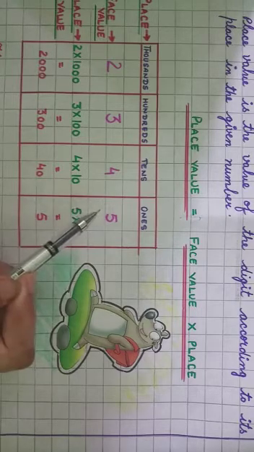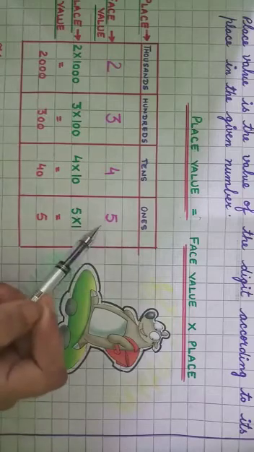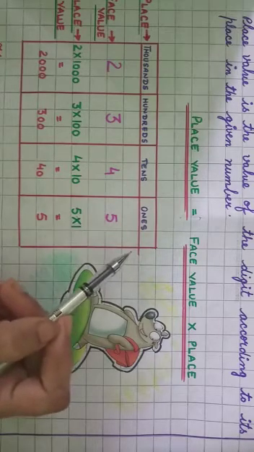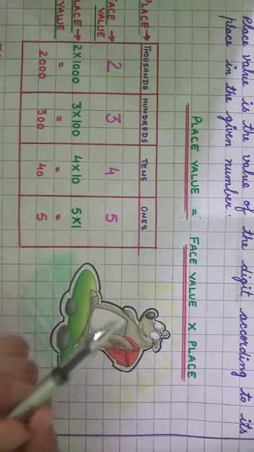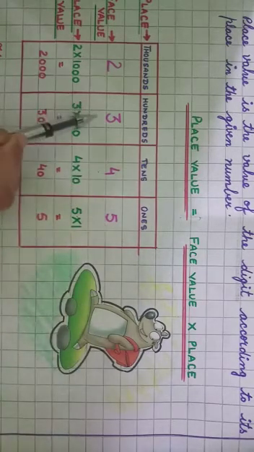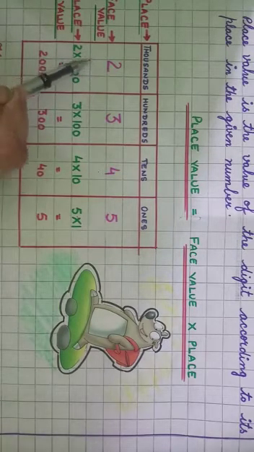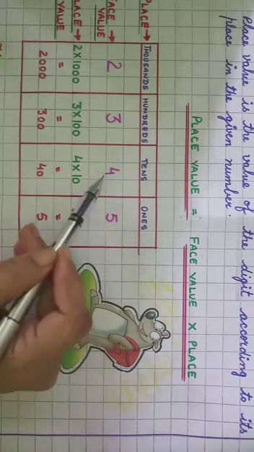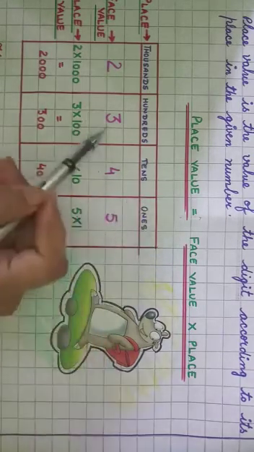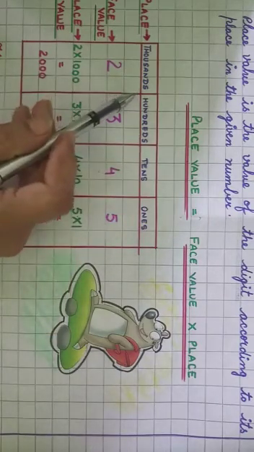Now what will we do? We will multiply the face value of each digit by its place. Now the face value of 5 is 5, 4 is 4, 3 is 3 and 2 is 2. Now multiply 5 by 1, 4 by tens, 3 by hundreds, and 2 by thousands.